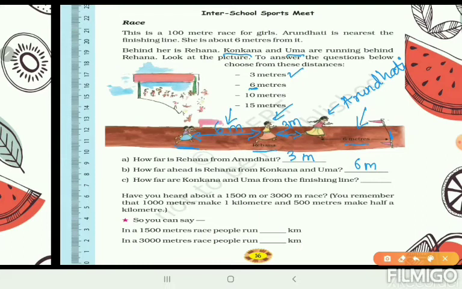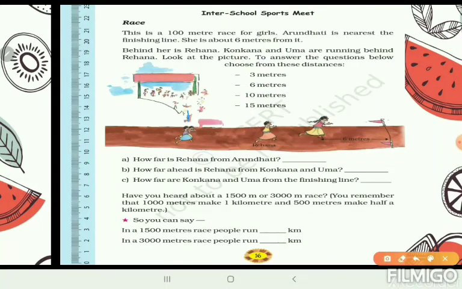How far are Konkana and Uma from the finishing line? Now we have to find the distance between these two girls and the finishing line. You know this distance is 6. Okay? And you know that this distance is 3. And you know that this distance is 6. So we are going to add these. Let me make it clearer.